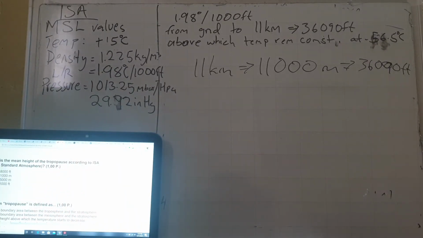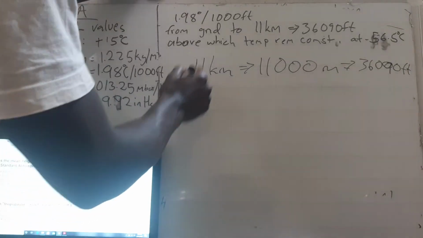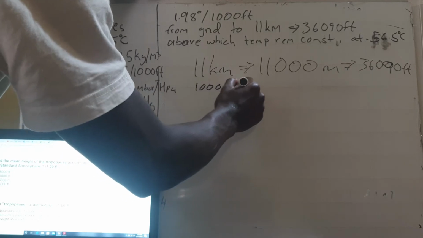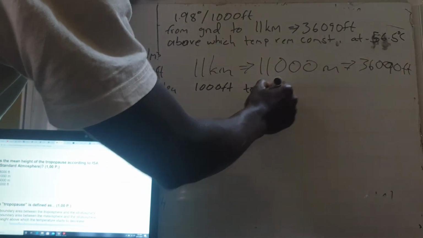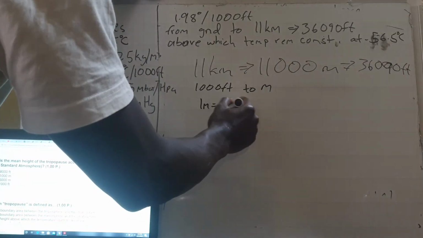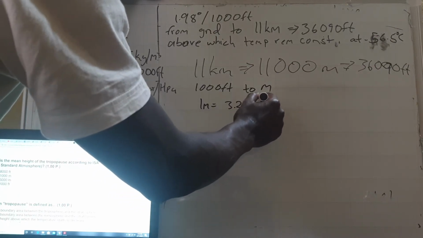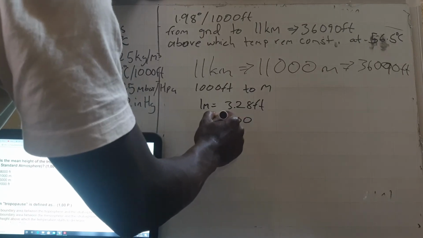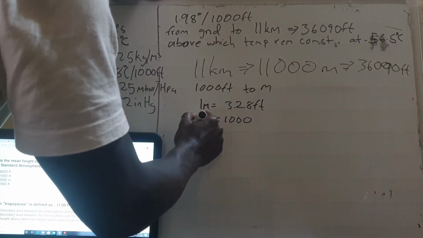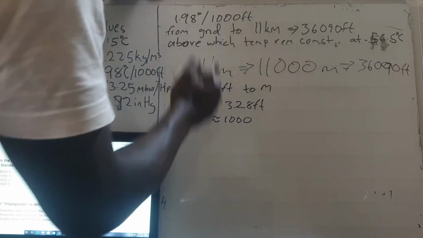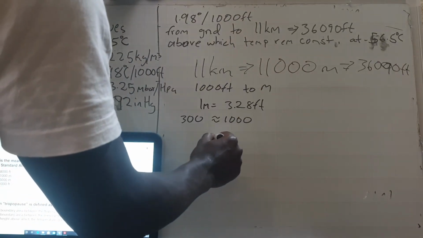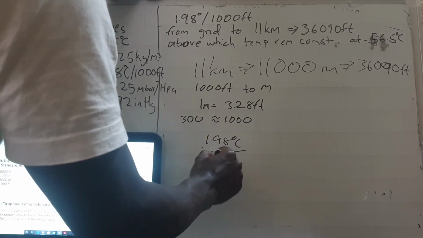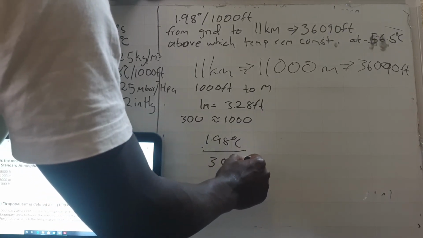Okay. So what you do, if you want to convert 1,000 feet to meters, you know that 1 meter is equal to 3.28 feet. So for 1,000, you'll get a value that is approximately 300. So whenever you have 1,000 feet, you can just say 1.98 degrees Celsius per 300 meters.